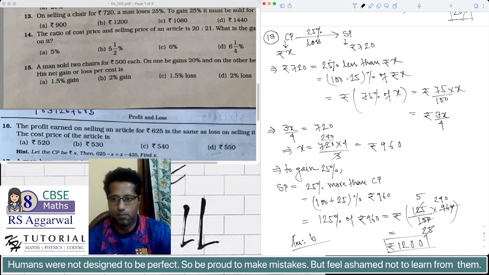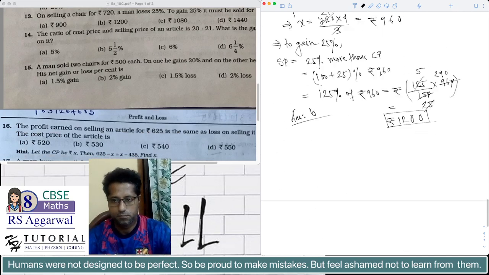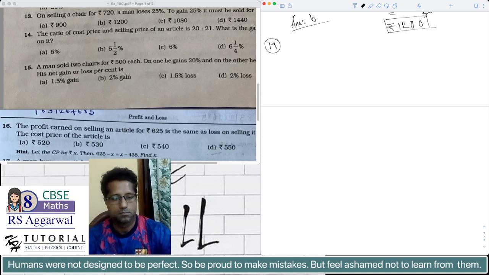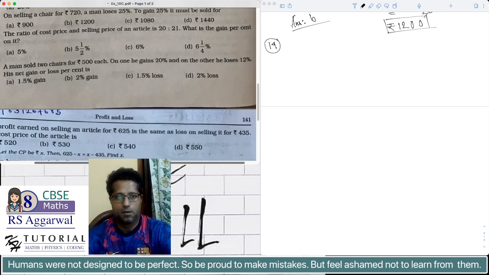Okay, let's do problem number 14. The ratio of cost price and selling price of an article is 20:21. What is the gain percent on it?